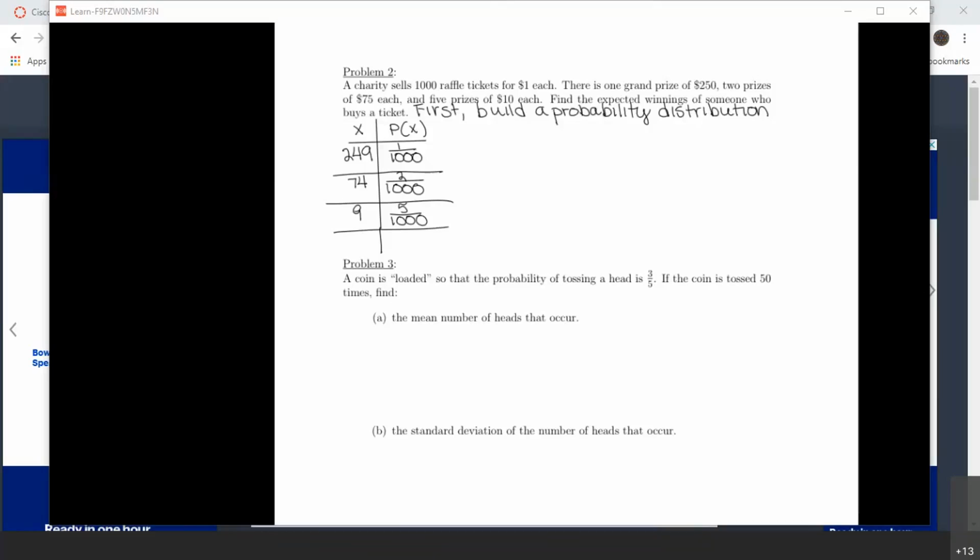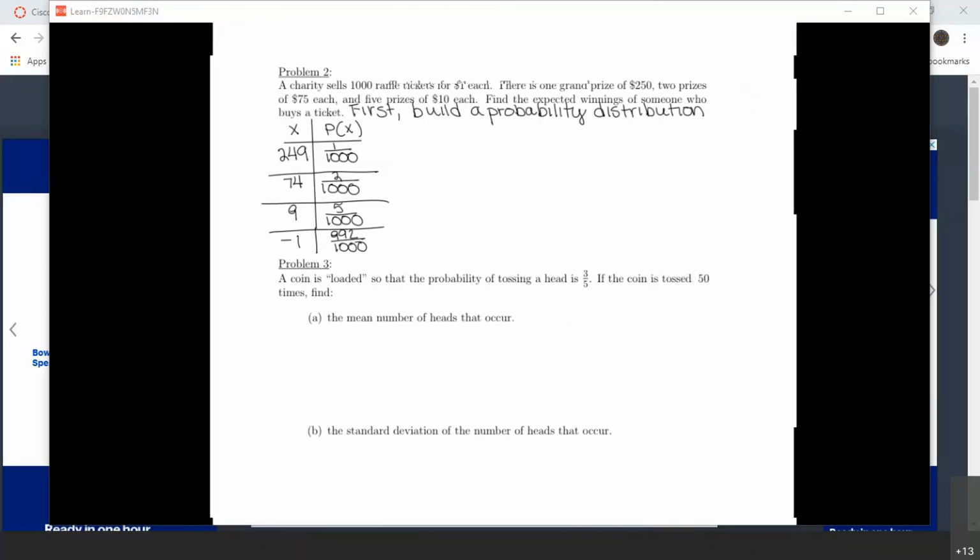How many tickets in the pool are not winners of any kind? How would you figure that out? Add up the other ones and subtract them from 1,000. Yep. So if I add 1 plus 2, that's 3 plus 5, there's 8 winning tickets of some kind. Good, Daniel. There's 992 losing tickets.